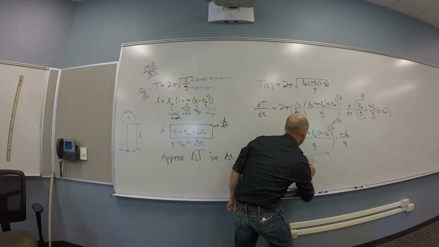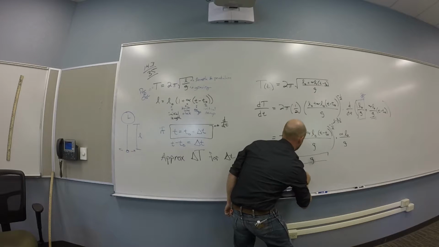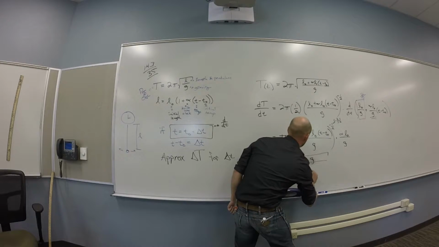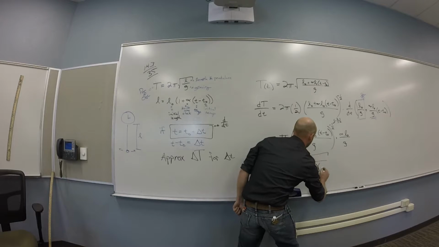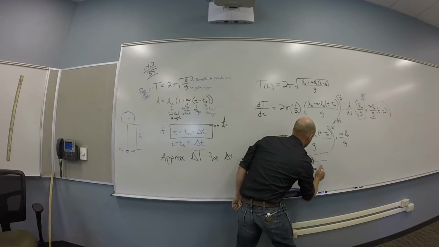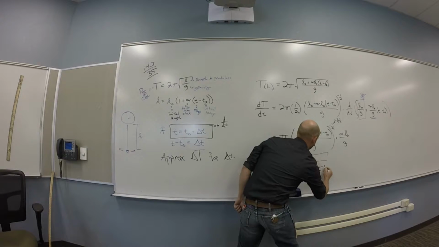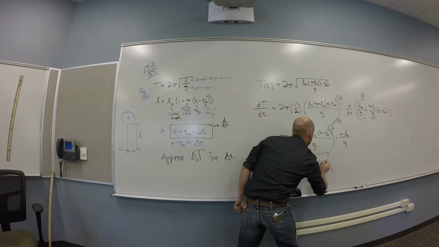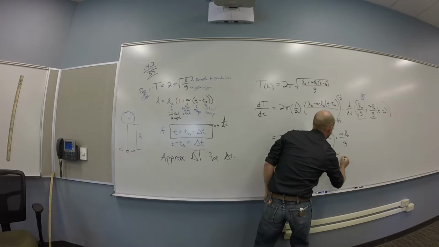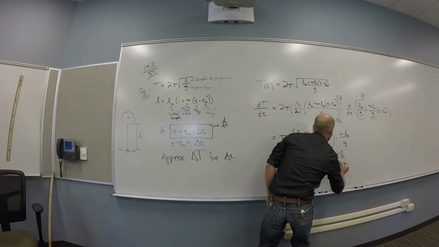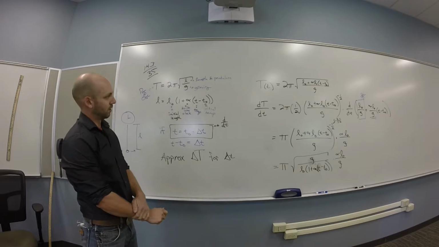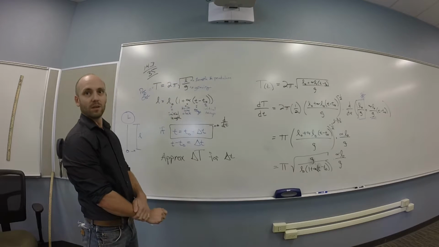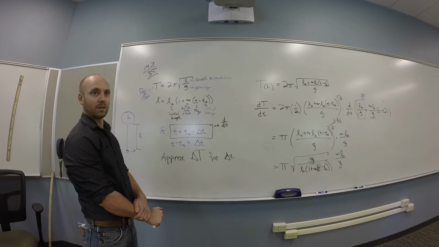So let me write that. And I'm going to rewrite this stuff factored out, but I'm going to actually factor it, and there's a times alpha L naught over G. You guys see this?